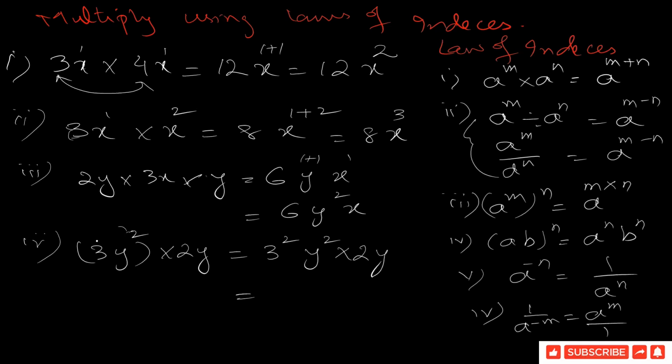Because this 2 applies to this 3 and to y as well. So now it becomes 9y squared times 2y. 9 times 2 is 18, y power 2 plus 1. This shows us 18y cube. Hope you understand it. If you have any problem, let me know in the comment box.